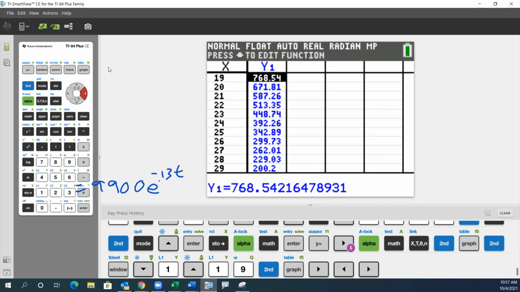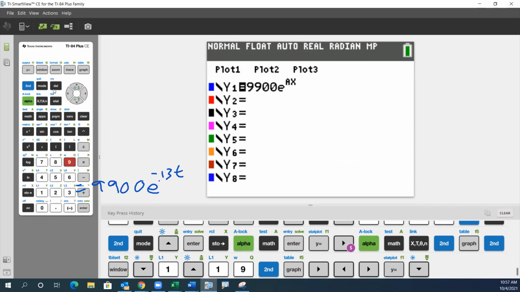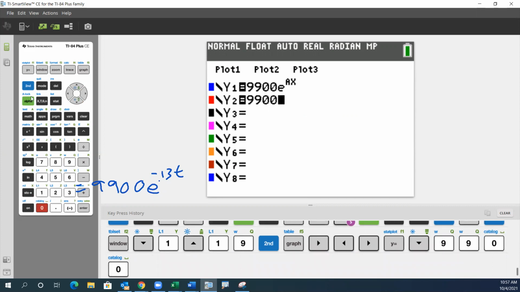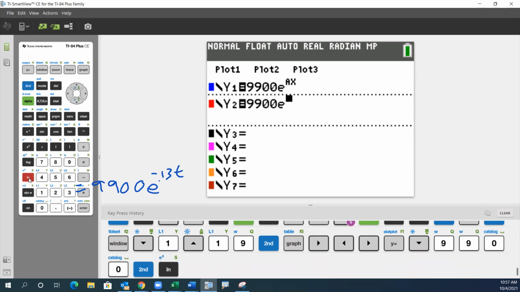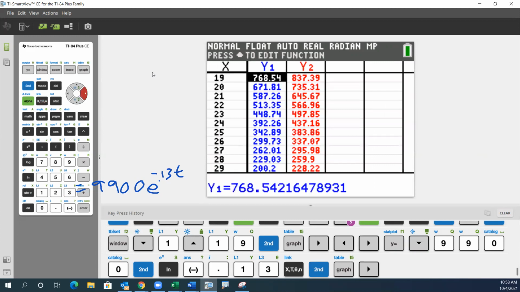Okay. I wonder how different that would have been. Probably not that much if we didn't round it off. Okay. Let's take a look here. If we had rounded it off, we would have the y2. All right. And at 19 hours, it makes a bit of a difference.